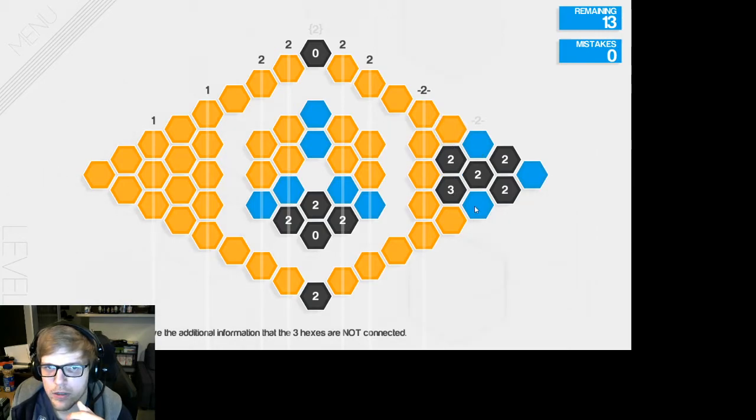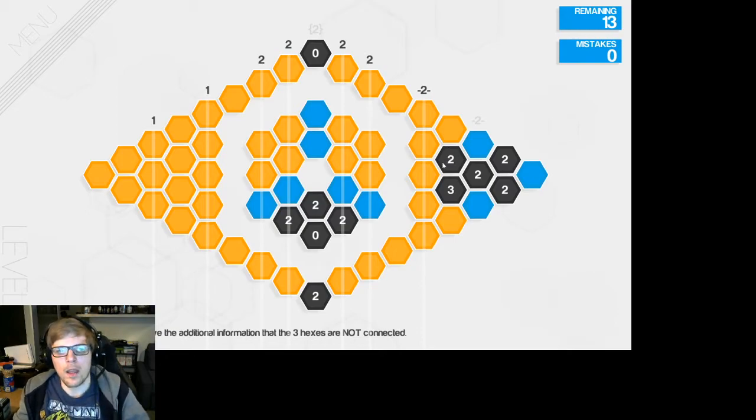And then this 3 is adjacent to this one, so 2 of these 3, but we don't know which. It could be this one and one of these 2, or it could be both of these and one of these 2. But we're not sure which one, so we'll come back to it.